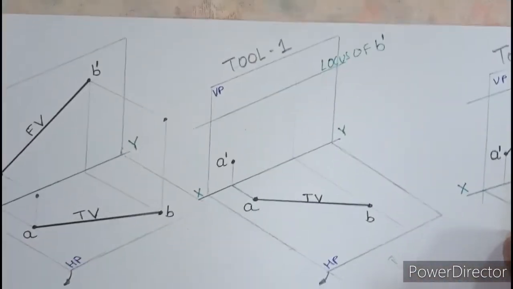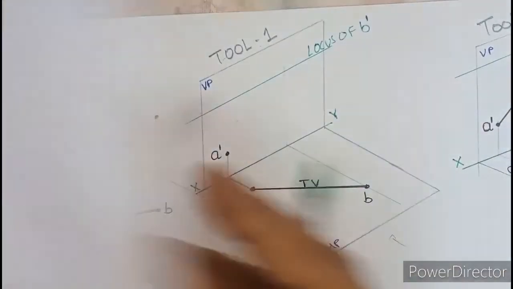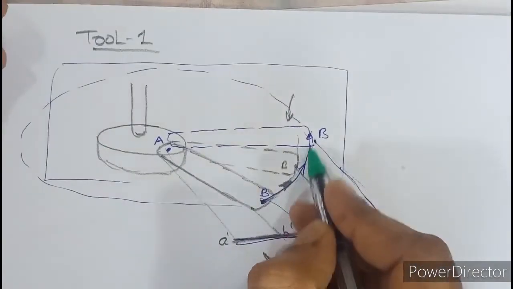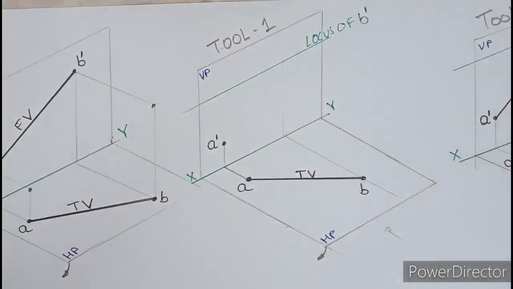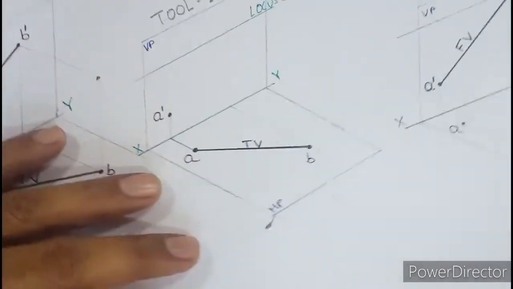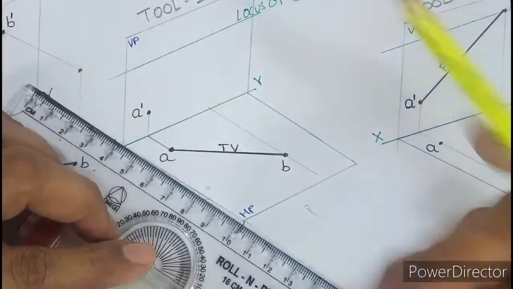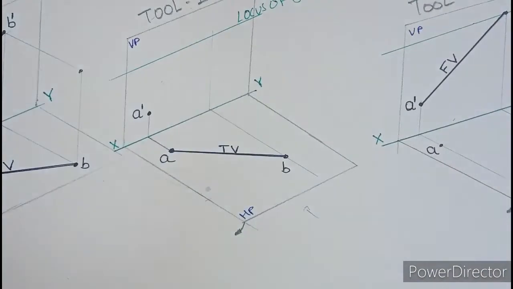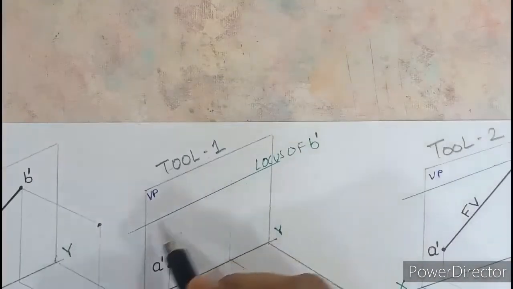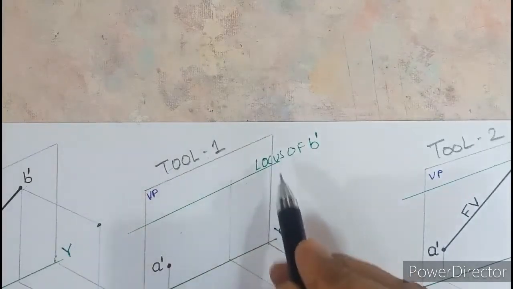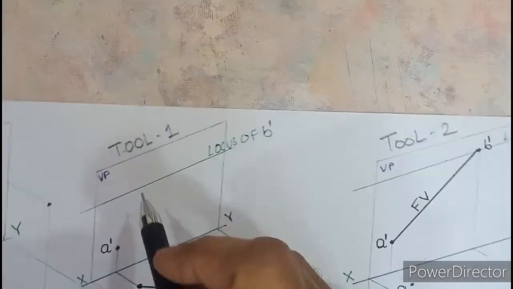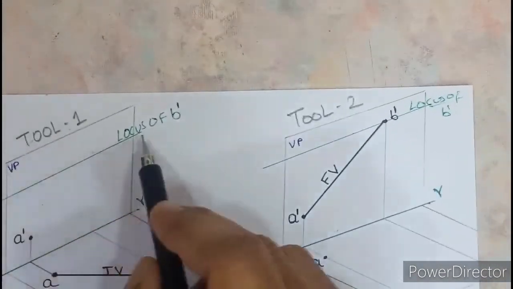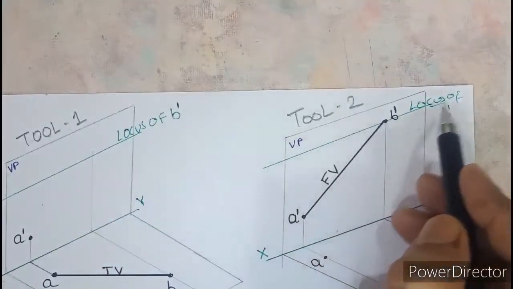Now coming back here, what was the concept? The concept was, if you rotate the top view of a line, you can see true length from the front view. Let us apply that concept here. Carefully look at this drawing in 3D. Before that, one more thing is left out. This locus of B dash is seen as a straight line from the front view. In these two diagrams, that same locus is passing through B dash.